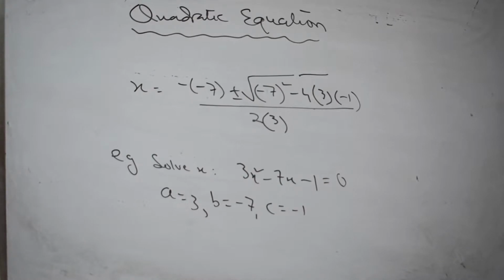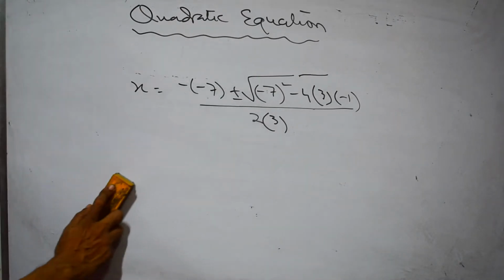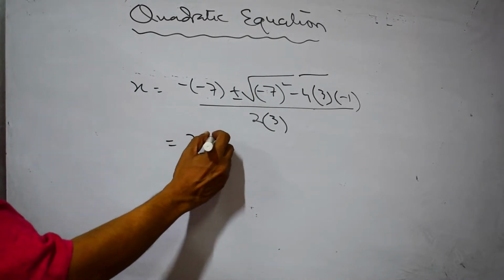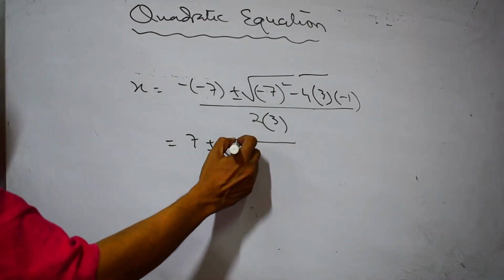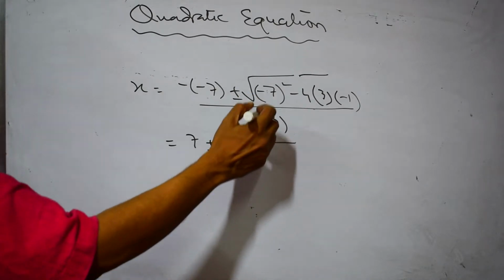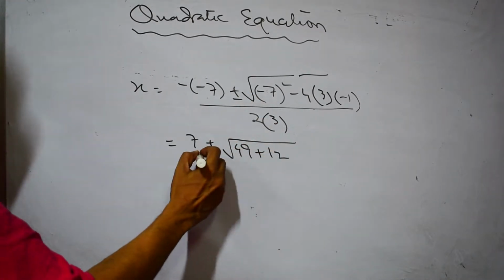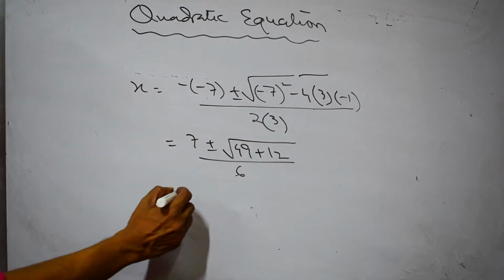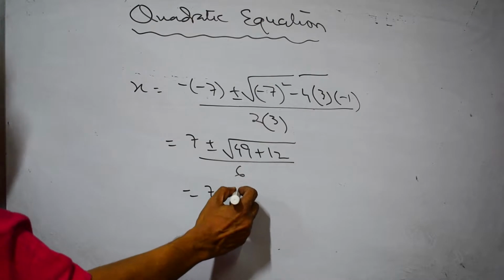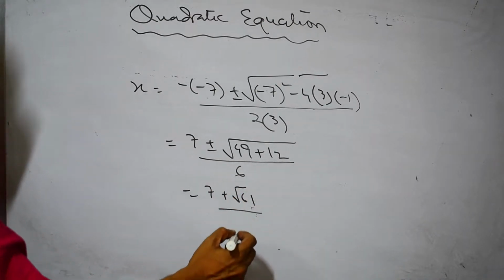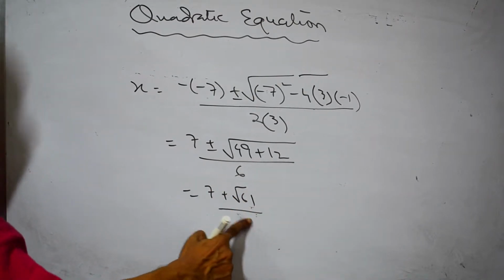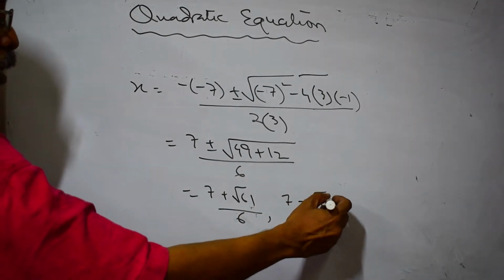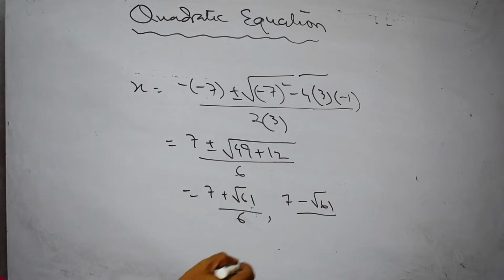So finally when we write the values, we get 7 plus minus root over 49 plus 12, by 6. So our answer will be 7 plus minus root 61 by 6. One answer will be 7 plus root 61 by 6, and the other one will be 7 minus root 61 by 6.